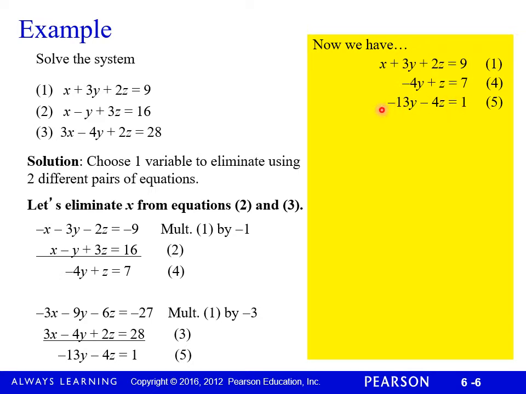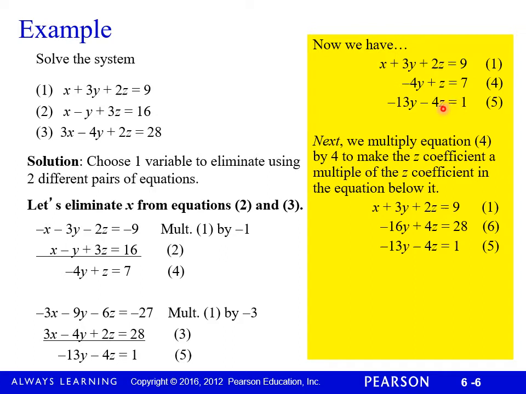But now we want to get rid of the z in the last equation, okay? If we multiply equation 4, which is our second up here, by 4 to make the z coefficient a multiple of the z coefficient in the equation below it.